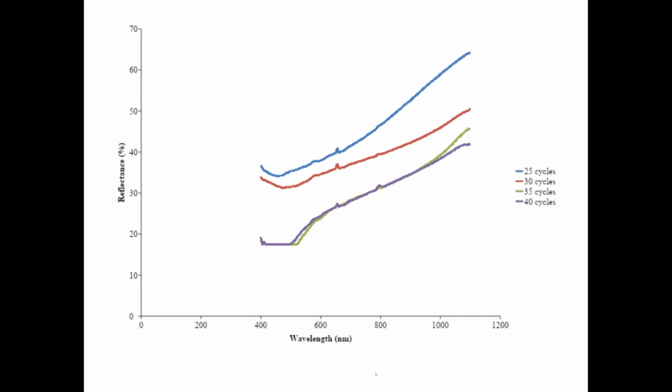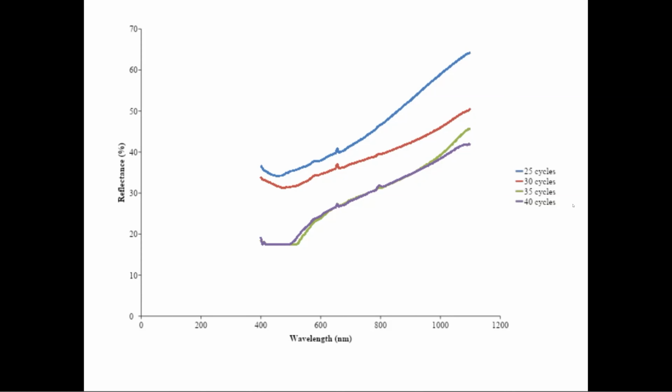What we notice in all the graphs is that the reflectance, the transmittance and the absorbance were higher at 25 cycles for both ammonia and sodium hydroxide as complexing agents. This one is ammonia as a complexing agent. We can see the overlapping again at 25 cycles and 40 cycles respectively.